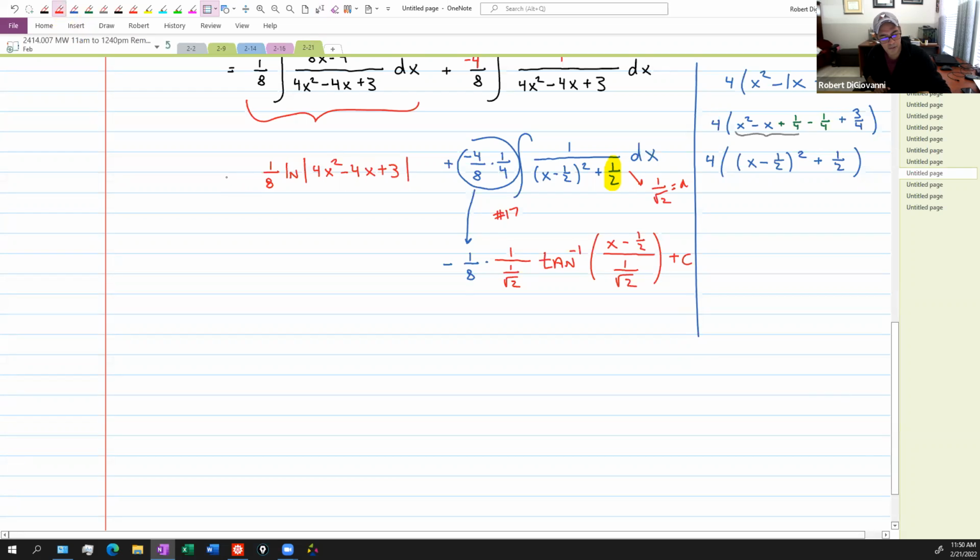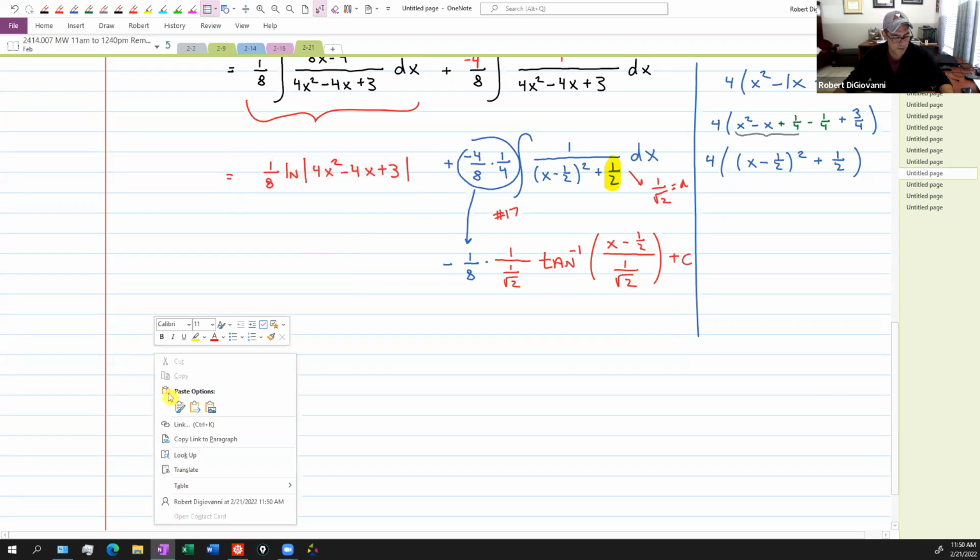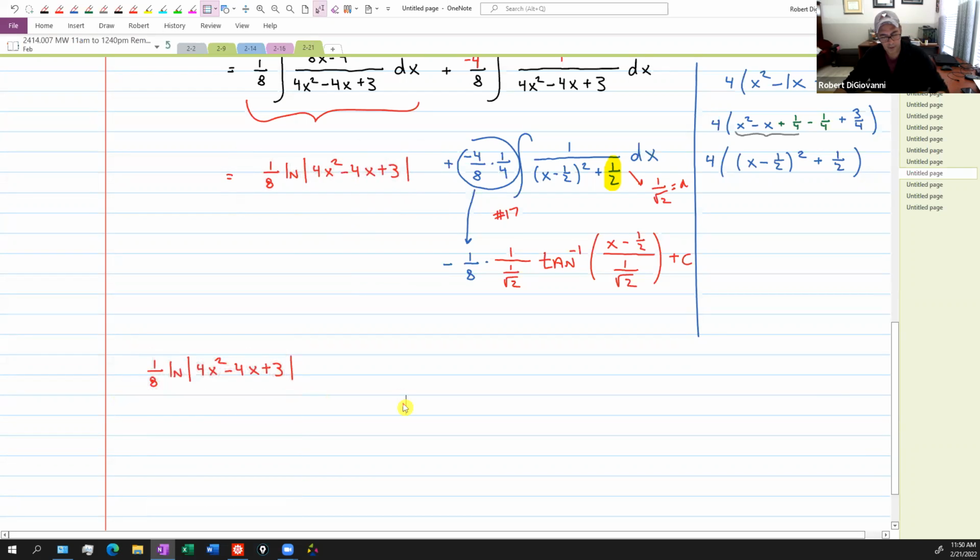So our final result is this. Let's see, minus, I'm going to just reciprocate this 1/1/√2. I'm put the √2 on top. So this will just be √2/8 inverse tangent of... On this one, I'll just leave it. Who cares? It's all right.